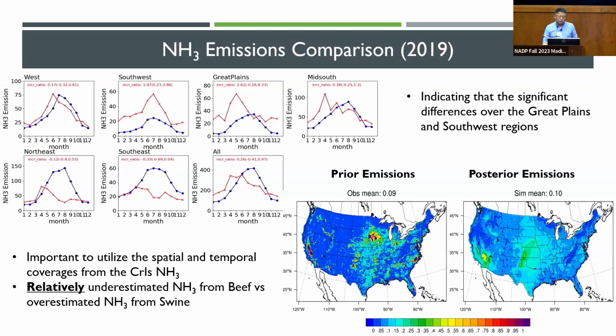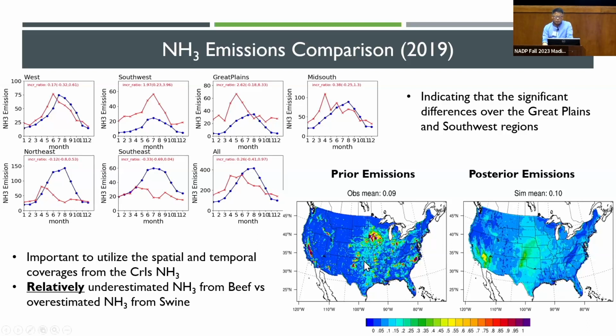We normally use a temporal profile on the annual total inventory data to put a monthly value into the model. That's why you see almost the same pattern in the northeast and southeastern region, always high. So it looks like we're overestimating some of the ammonia in the hot season, where we know it's higher. But during the rainy season, sometimes the meteorology significantly impacts ammonia, and in 2019 in particular, we see otherwise.